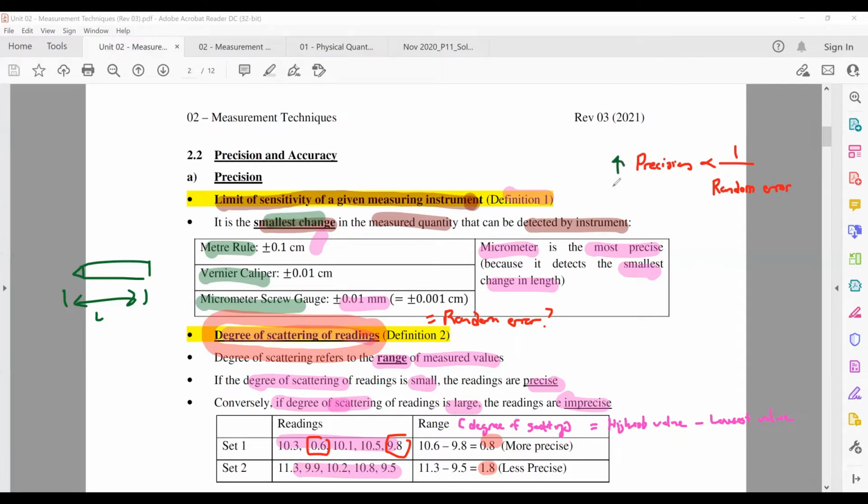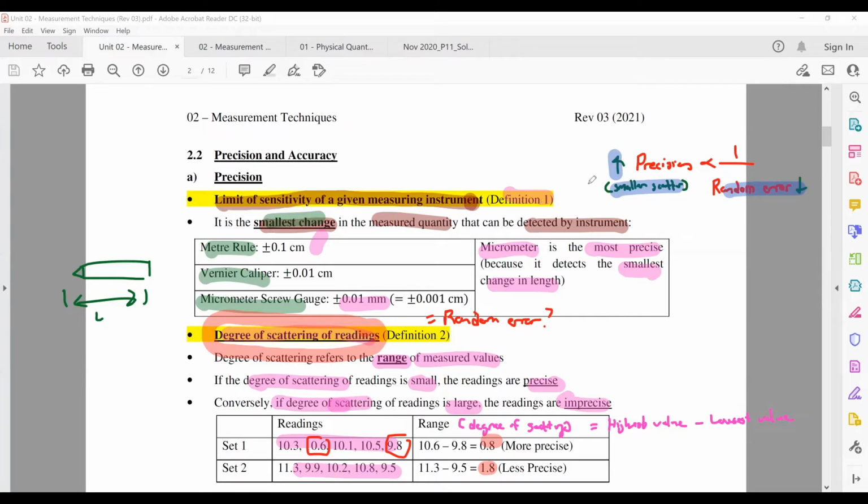If your precision is higher, you have smaller scatter, and your random error is going to be smaller. Let me just repeat what I just said. When we say your precision is higher, that means you have smaller scatter. This in turn means that your random error is small.